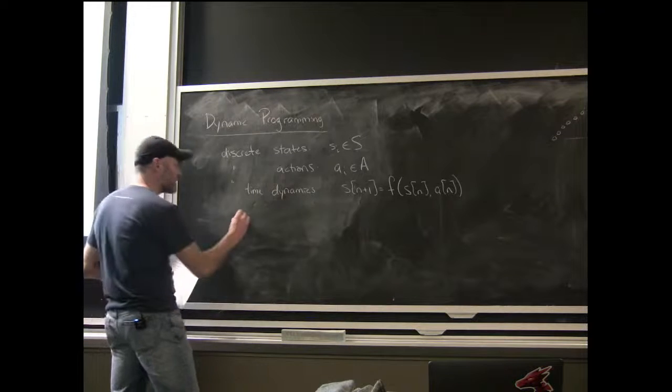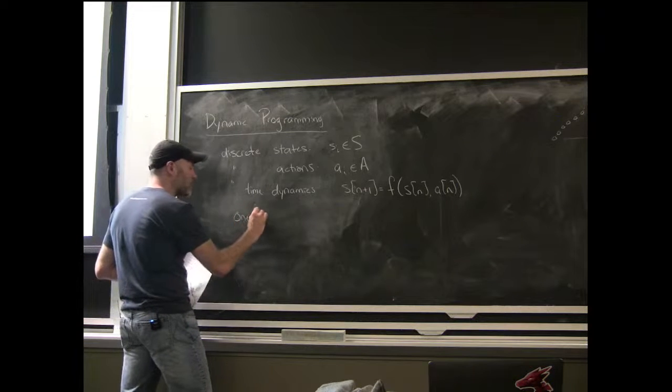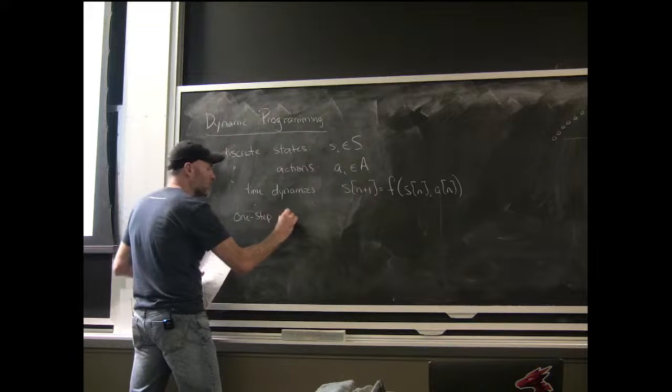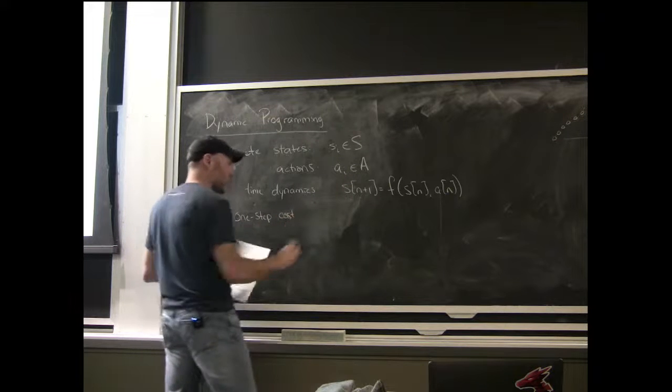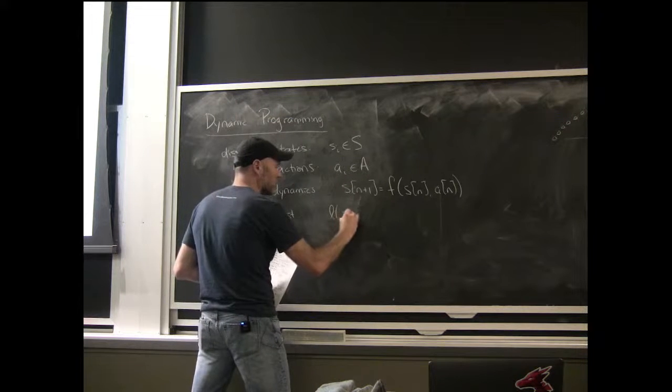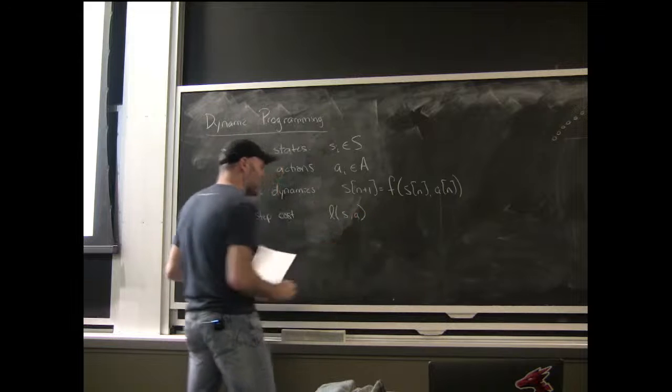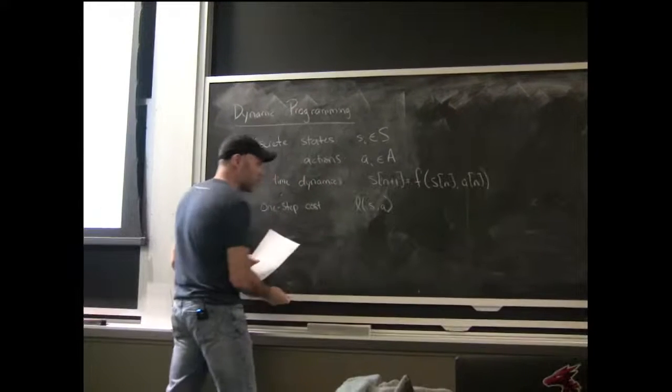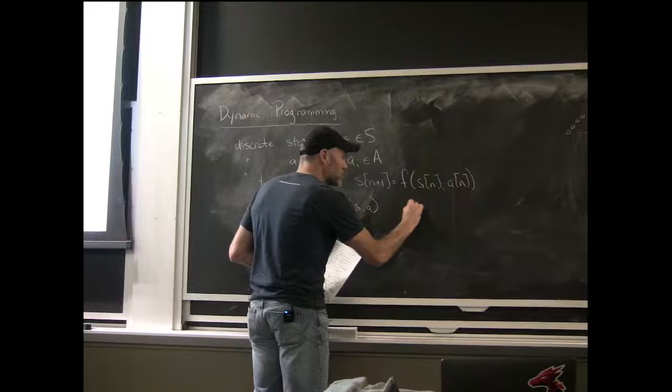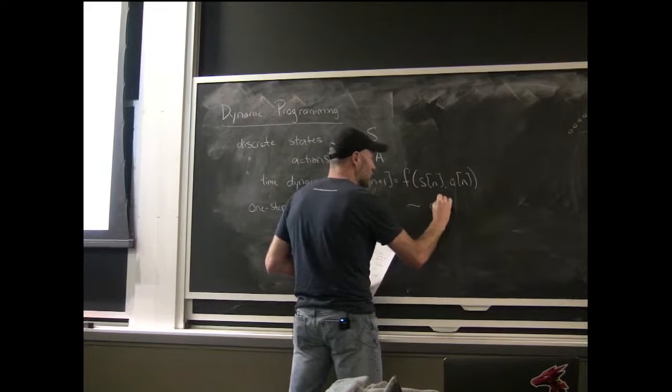Then I'm going to define a one-step cost, which I will call L of S, A. This is going to be equivalent to an edge weight on the graph.